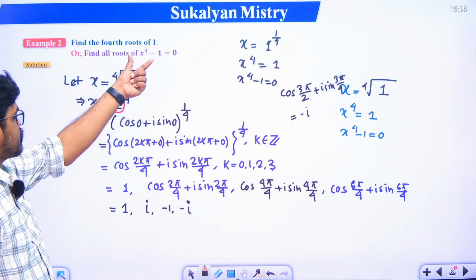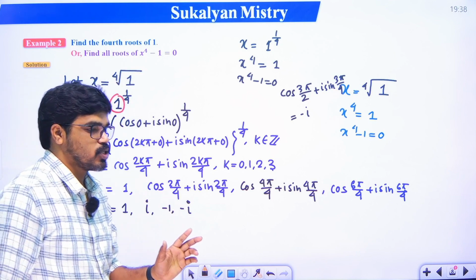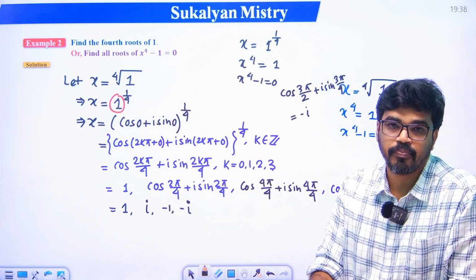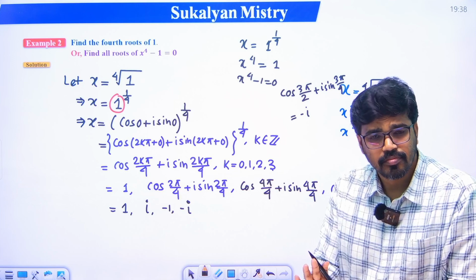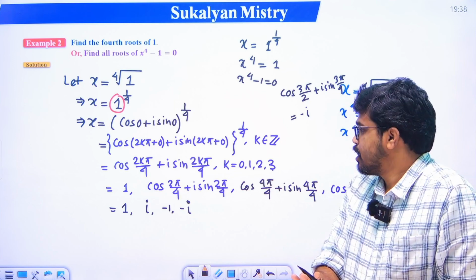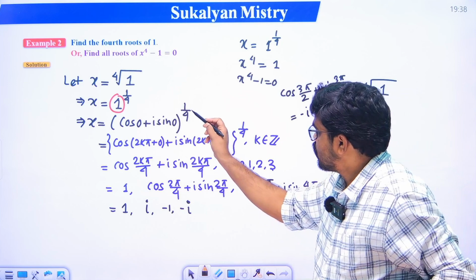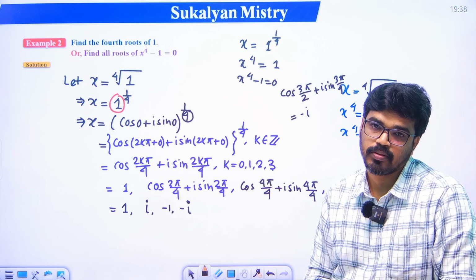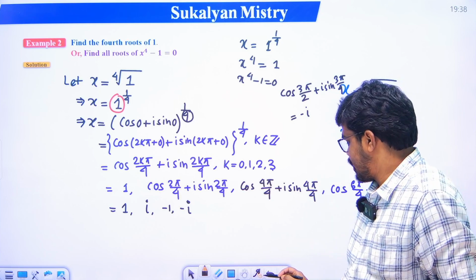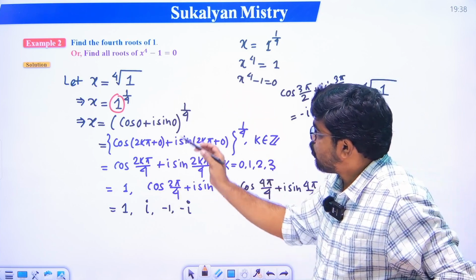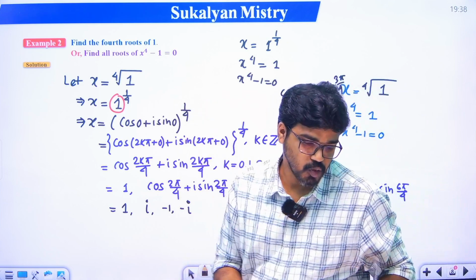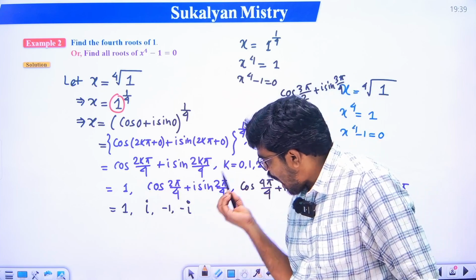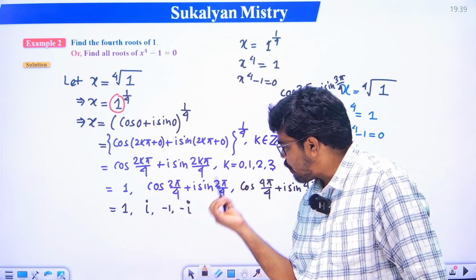So the roots of this equation are 1, i, minus 1, minus i. Clear, right? Denominator is 4, so we get 4 values. So these are the fourth roots of 1. Hence the fourth roots of 1 are 1, i, minus 1, minus i.